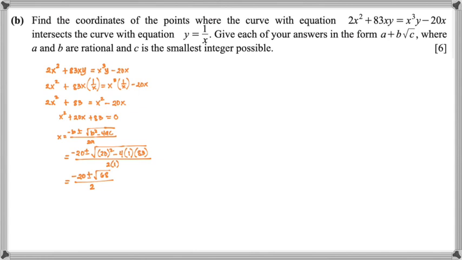So we get x is equal to negative 10 plus or minus the square root of 17.